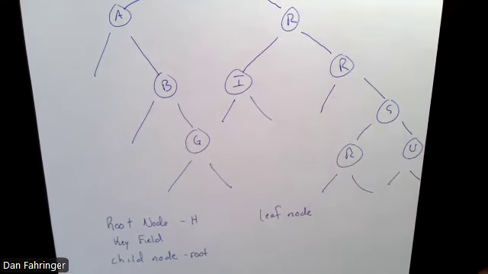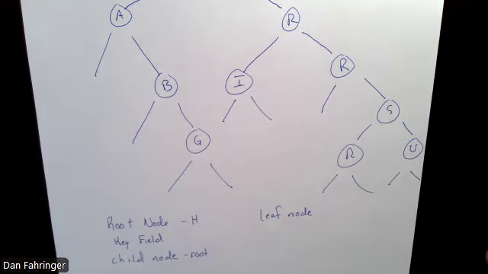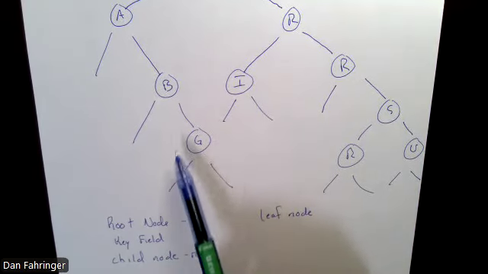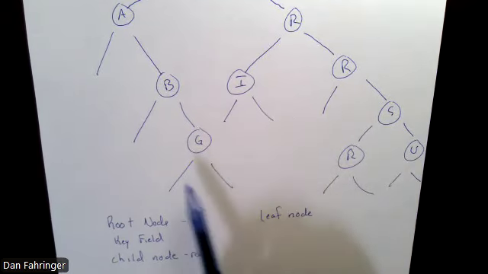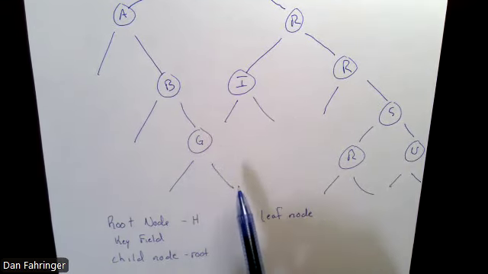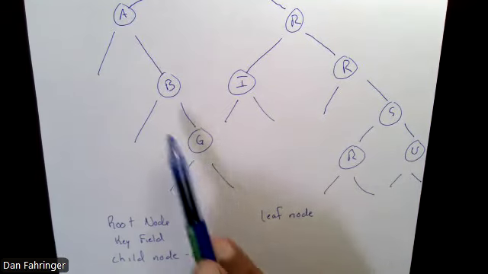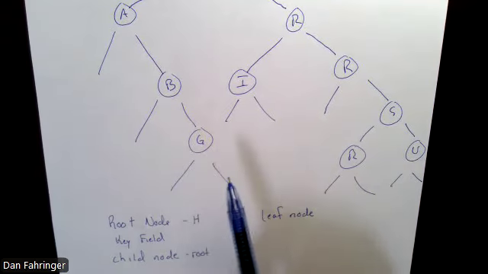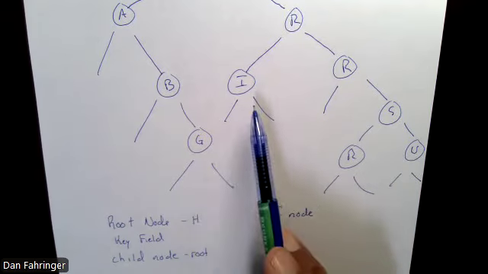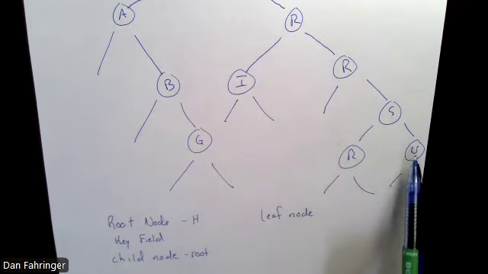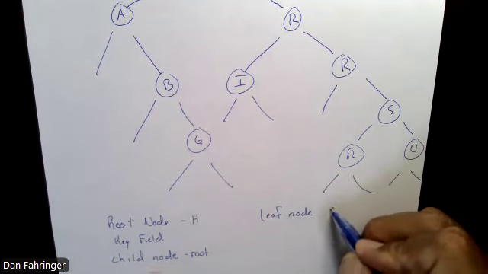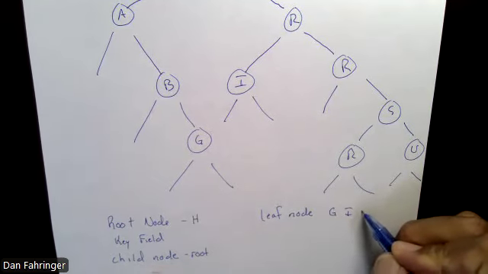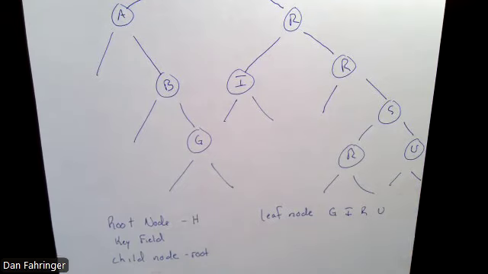Take a guess. I'm going to go with the definition of a leaf node: it points to two nulls. It would be like the leaf at the end of a branch. So G, I, R, and U. 4 leaf nodes.